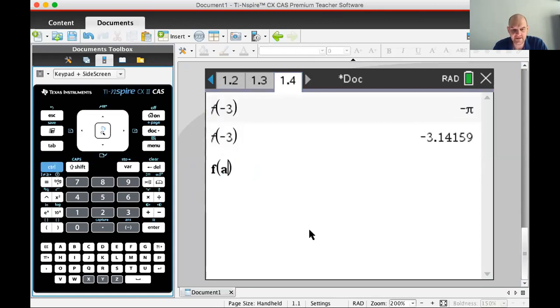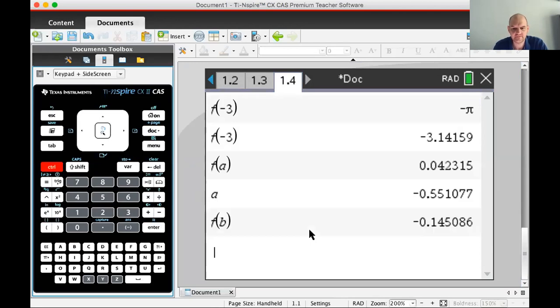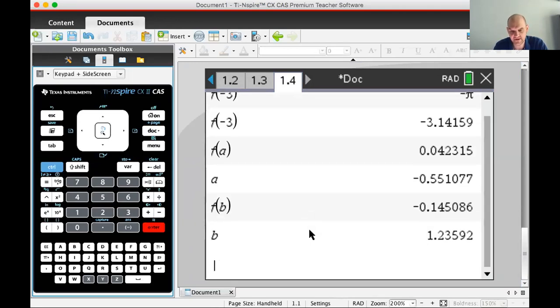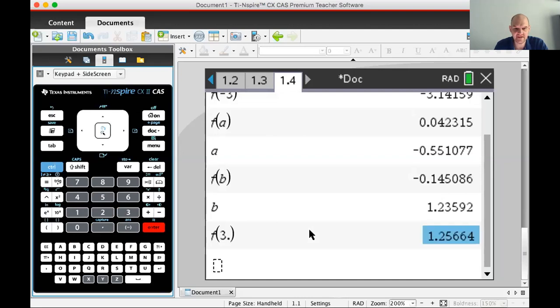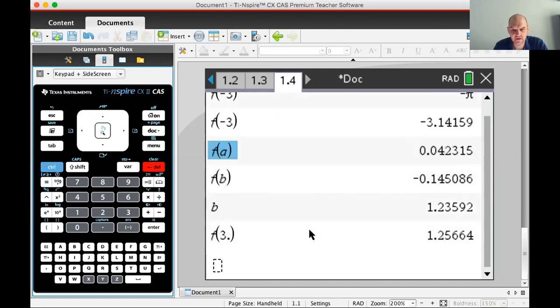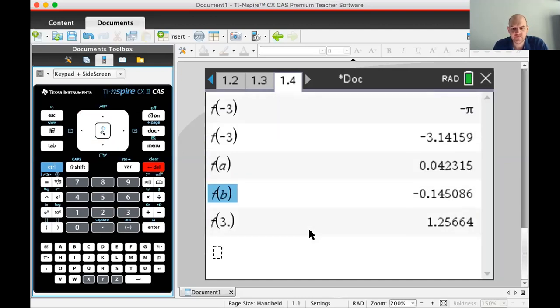F of A, and remember A is this. F of B, and B is this. And then f of 3. I'm going to put in a decimal to get a decimal back. So let's copy these values. -3.142.